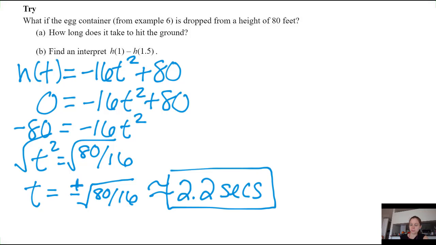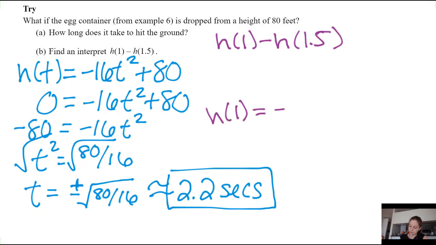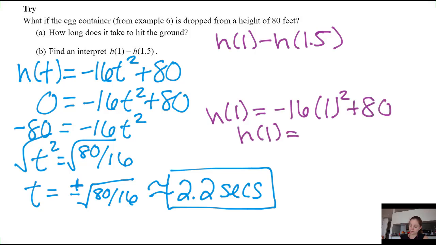Now find and interpret h of 1 minus h of 1.5. H of 1 is at time 1. Put this in my calculator to get an h of 1 of 64.